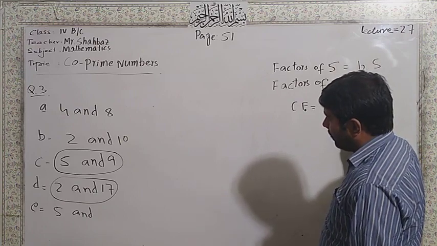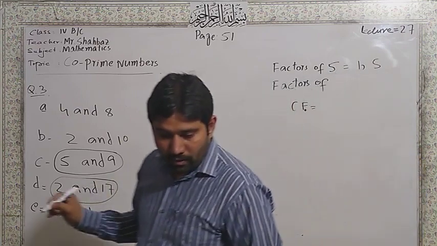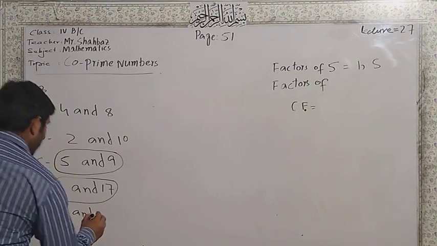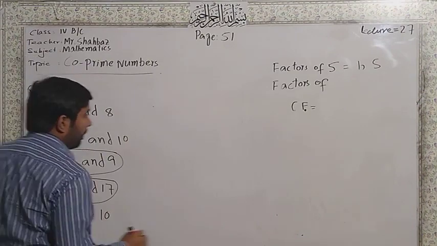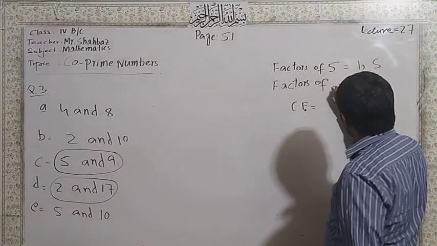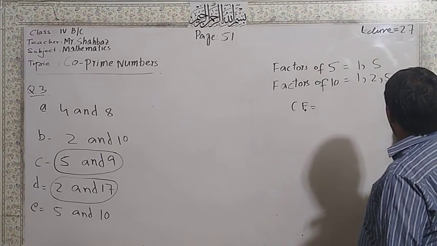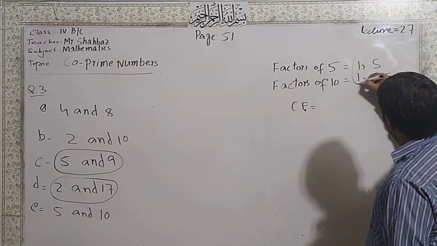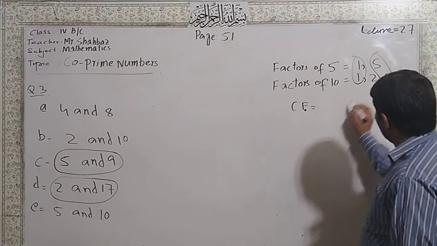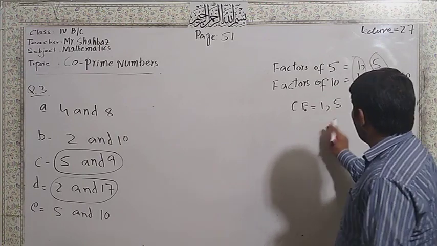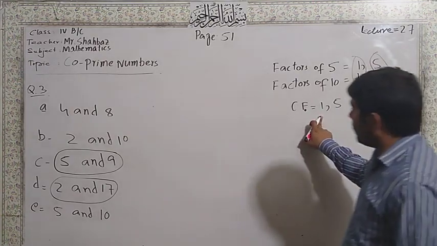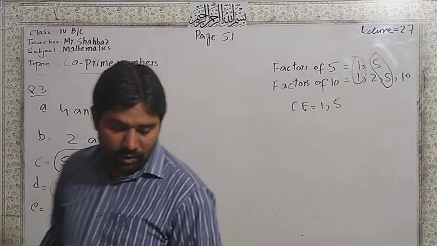And factors of 10 are 1, 2, 5 and 10. You can see that these are the common factors. These are more than 1. So these are not co-prime numbers, and you will not circle this one.